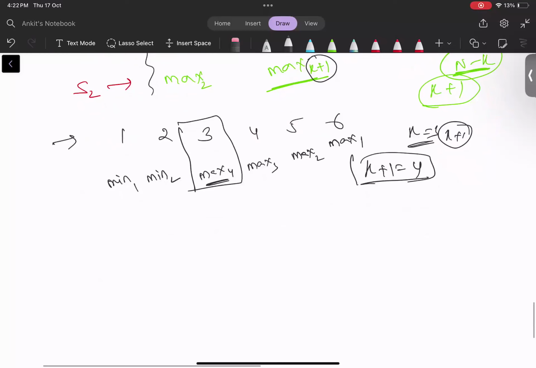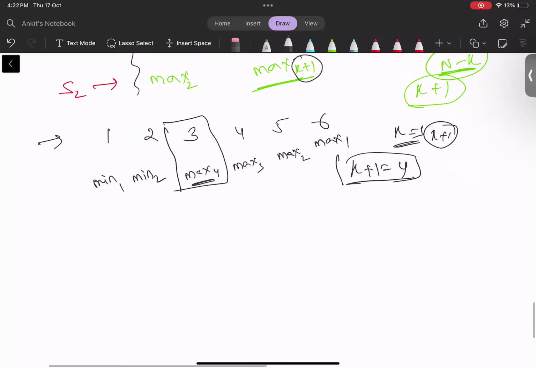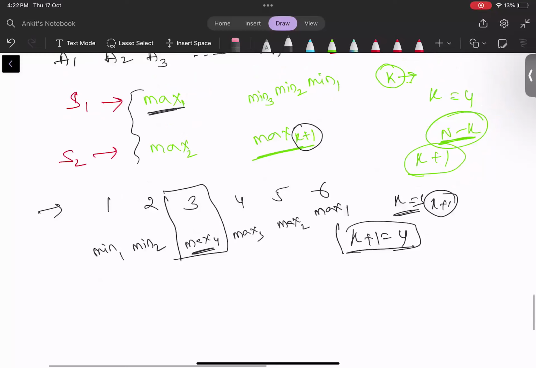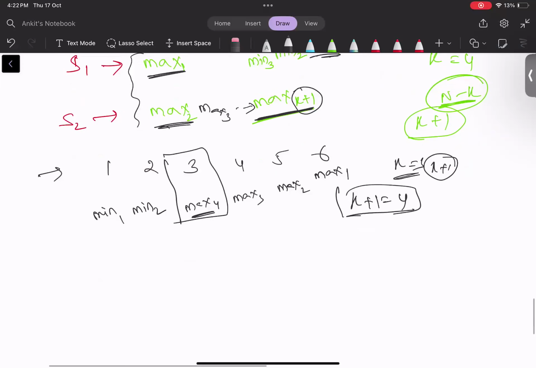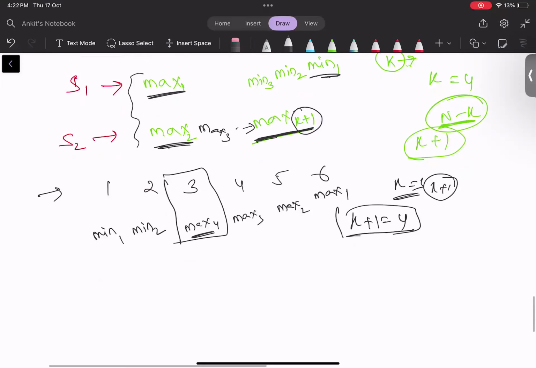Yes, it is satisfied. So what will be the maximum value here? We have to take this value, this value, this value, and in this the minimum value should be the max of k plus 1. That means here we will have max 3, and it will reduce to k plus 1, right? So in the second array, the minimum value will be the max of k plus 1.